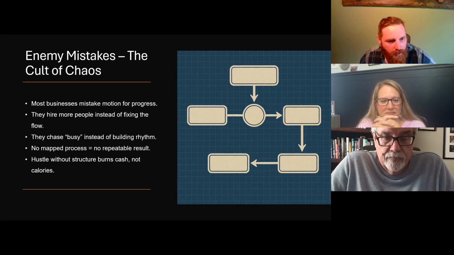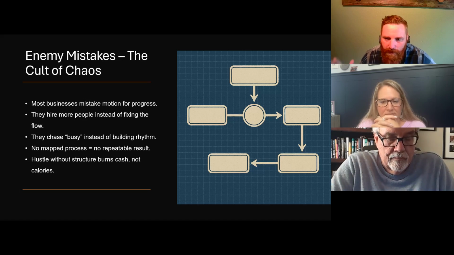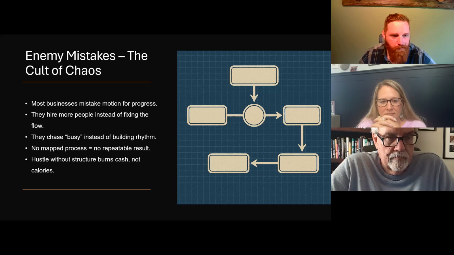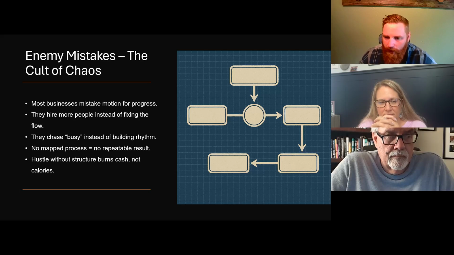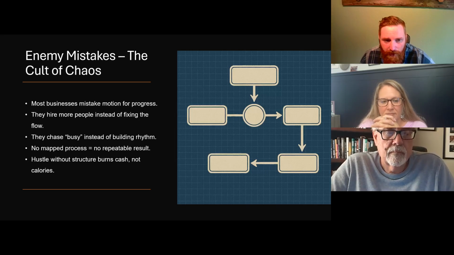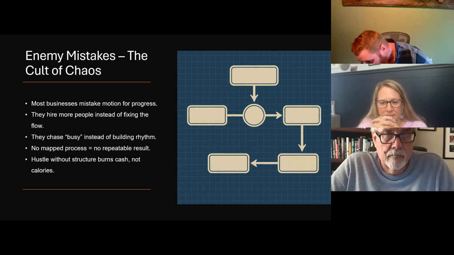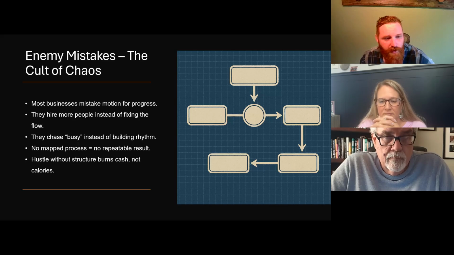But most businesses make the mistake of thinking motion is progress. We talked about this earlier, that everything is just chaos all day, and it's because they don't have this step done. And when things come up and things aren't getting done fast enough, our initial reaction is just to hire more people. But if you review a lot of P&Ls, you know that salaries are the most expensive thing on your budget list.